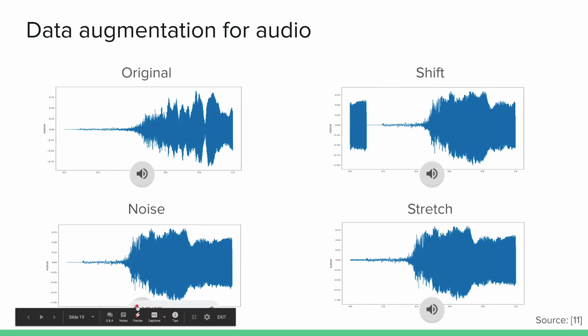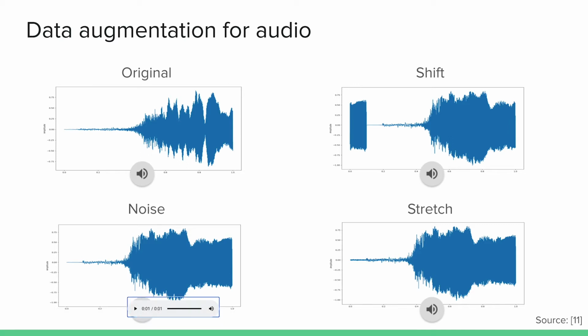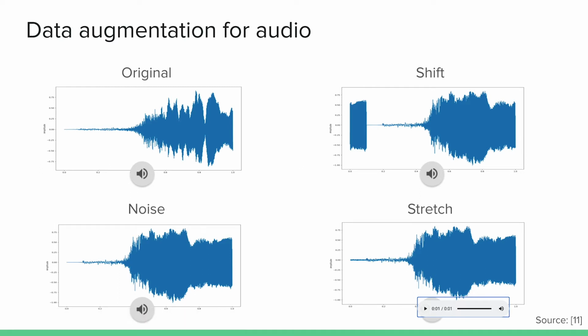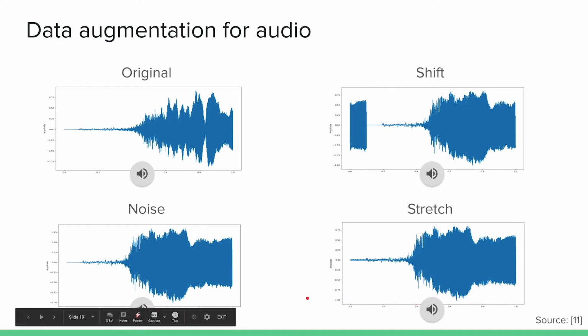We can add some noise. Or we could stretch it in time. Maybe you didn't hear it that well. Let's play it again. So you could hear it was much slower than the first few ones. Or at least a bit slower than the first few ones.